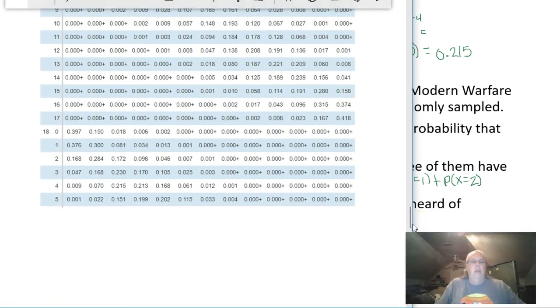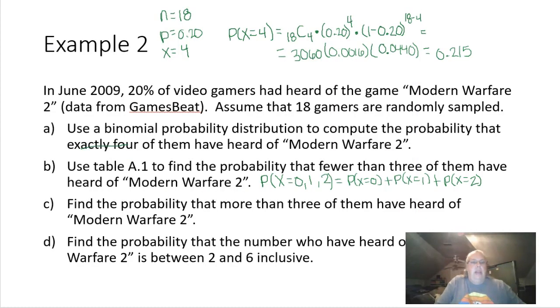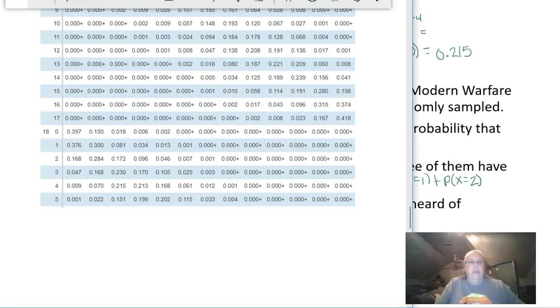All right, and remember, we're supposed to be looking for the probability that 0 people have heard of this, the probability of 1, and the probability of 2. So if N is equal to 18, there's 0, 1, and 2. and the 0.2 probability was the third column. That means we're going to be adding together the 0.018, the 0.081, and the 0.172.